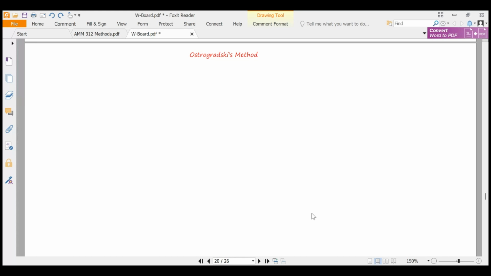In today's session, we shall be looking at the integration by a method called Ostrogradski's method.